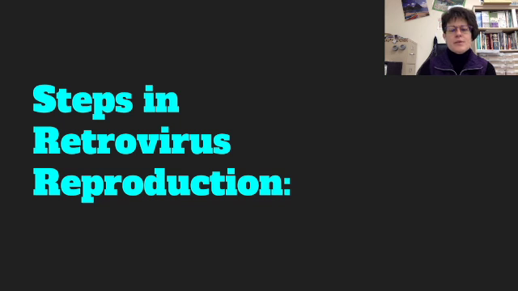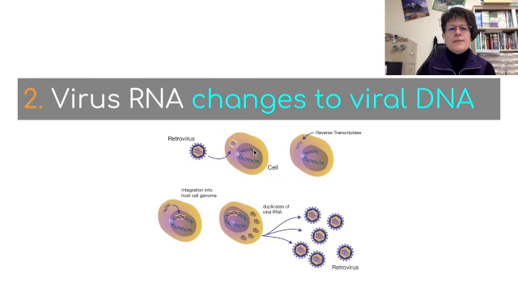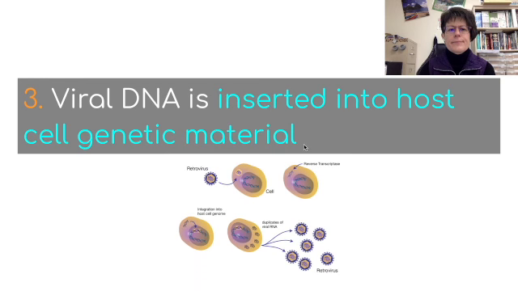Steps in retrovirus reproduction are: 1, the retrovirus invades the cell. So we can see here it's going into the cell. The virus RNA changes to viral DNA. So here it's RNA, see it's single-stranded, becomes DNA double-stranded. Then the viral DNA is inserted into the host cell genetic material.